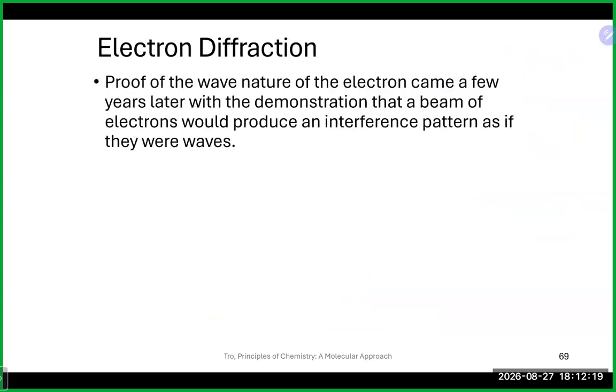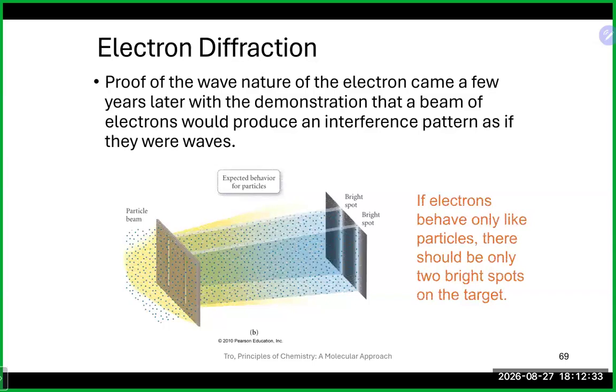So the proof of this wave nature of an electron came a few years later, when a beam of electrons would produce an interference pattern as if they were basically waves. If you remember, we saw that interference pattern earlier on, where you have the light spots and the dark spots on the wall as the wave function goes through it. If electrons only behaved as particles, there would only be two bright spots.